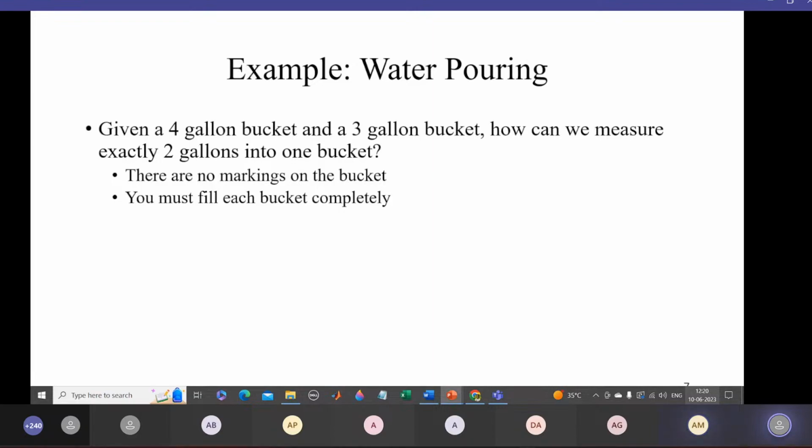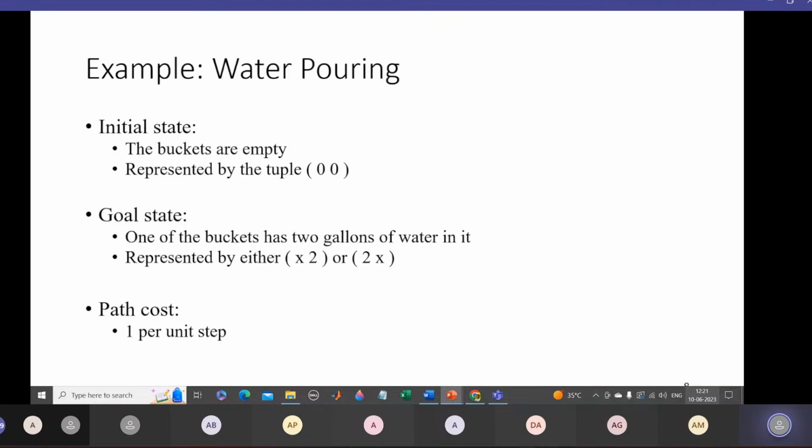Yes. You should have an initial state, goal state, and a path. With this, you have to start. Anybody could try?